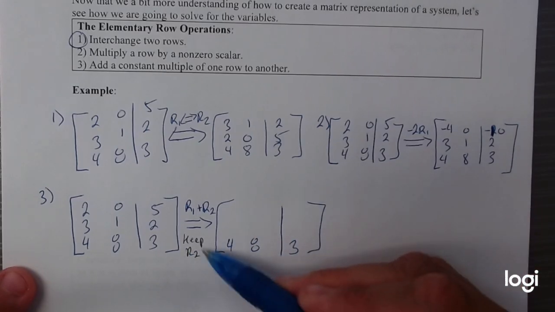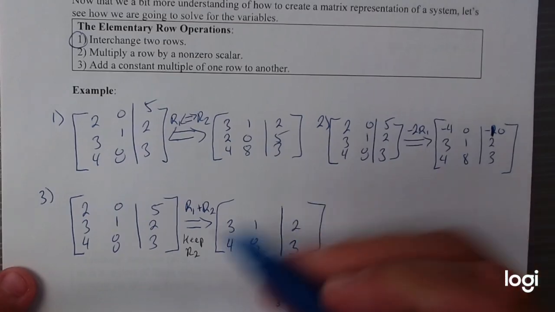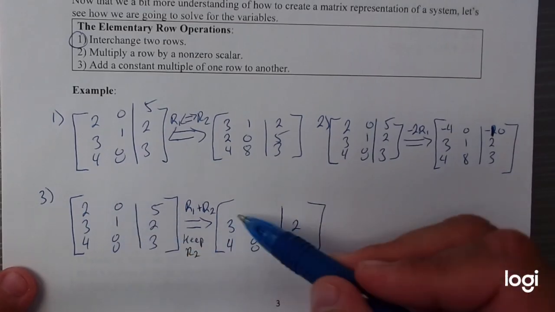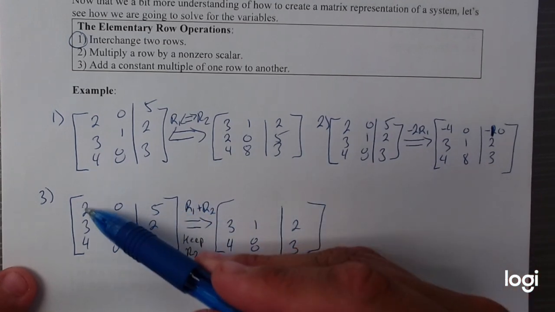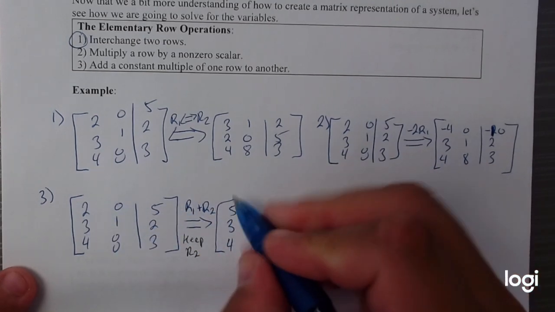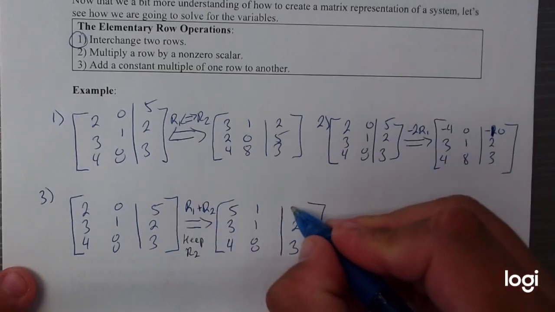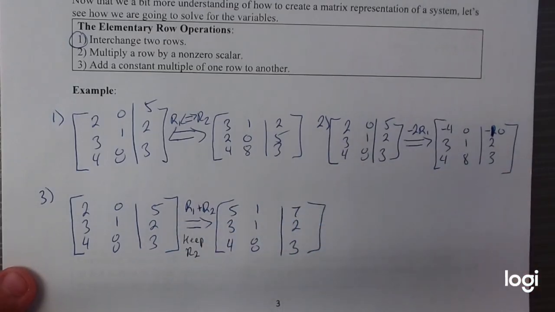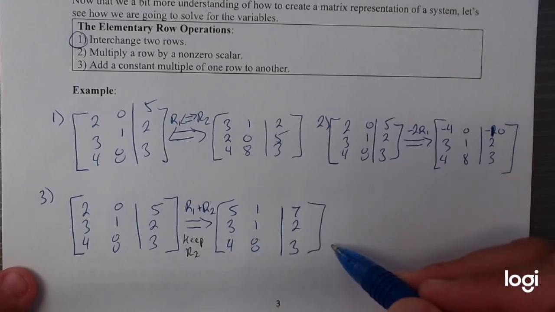I'm keeping row 2, so I'm also going to copy that down. And the result of this addition will now be in row 1. So 2 plus 3 is 5, 0 plus 1 is 1, and 5 plus 2 is 7, just like that. And again, you could have kept row 1 the same and put the result in row 2.